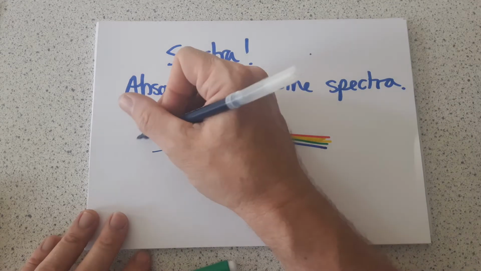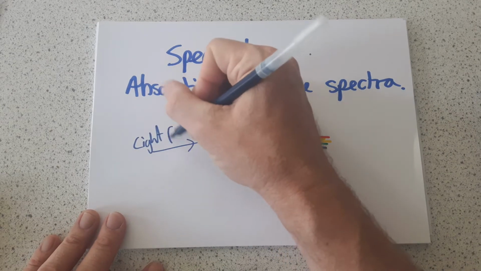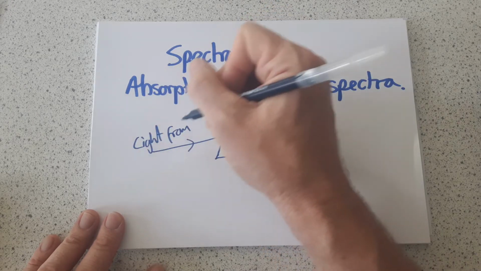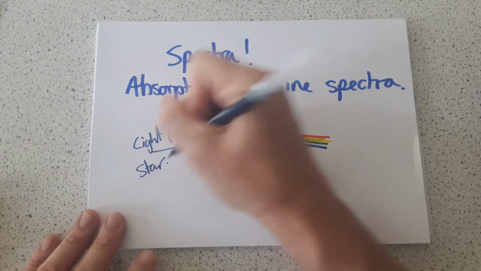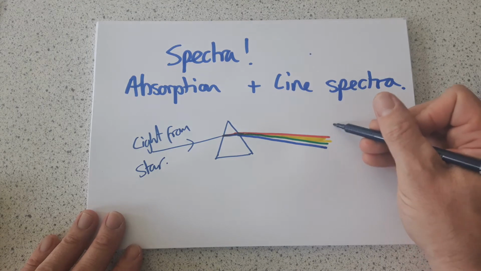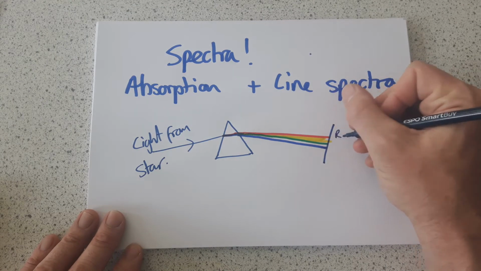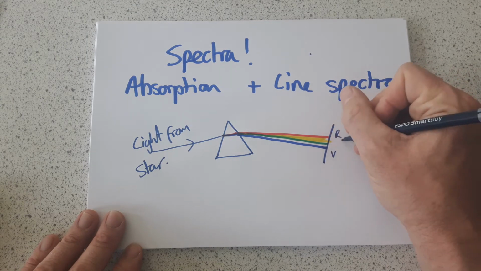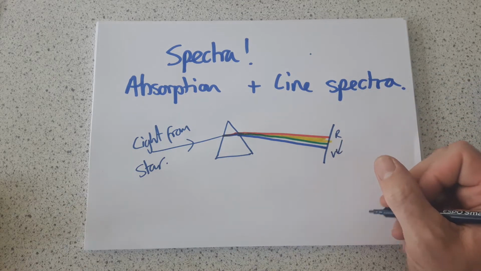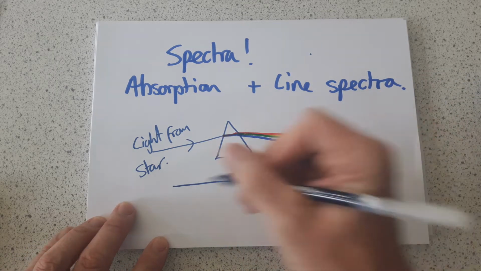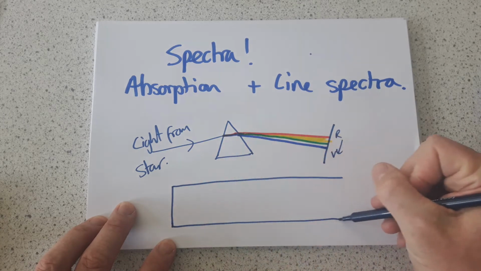Now, if this light is coming from a star or a galaxy, then the pattern that we get on the screen is the traditional red, orange, yellow, green, blue, indigo and violet that we'd imagine, except that within it there are parts that are missing.